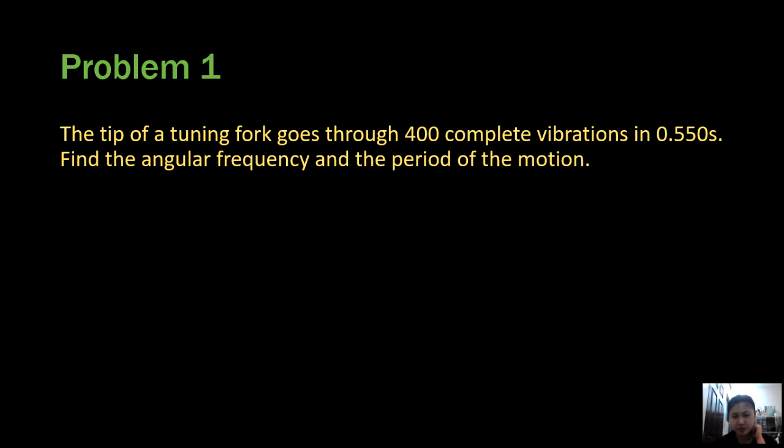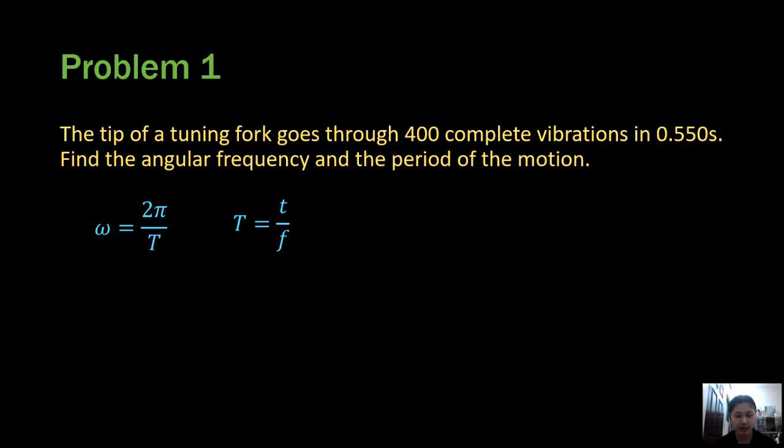We know that the formula for the angular frequency is 2 pi divided by the period. But since we cannot solve the angular frequency because we don't have the period, we know that the formula for the period would be time divided by the frequency.